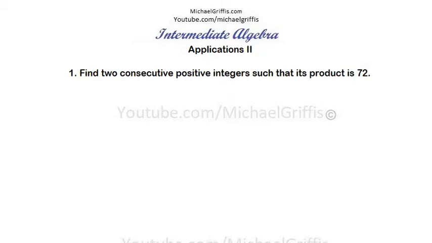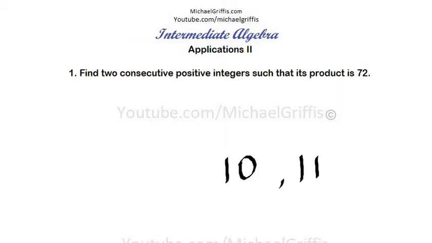Here's an example. Let's say, for example, the first integer was 10, and the next integer, consecutive integer, would be 11.